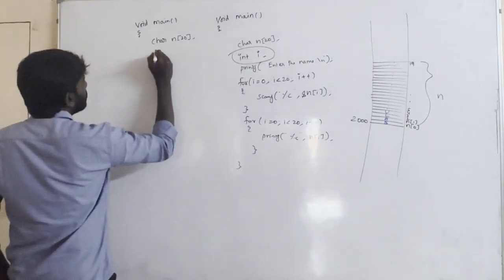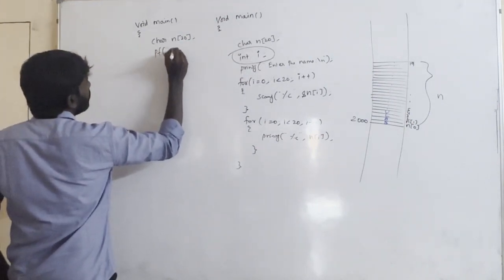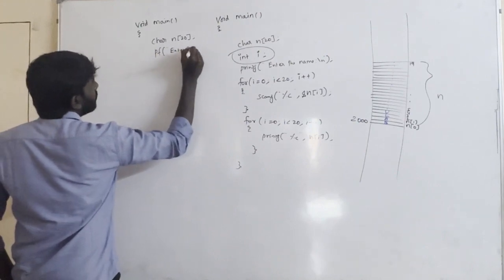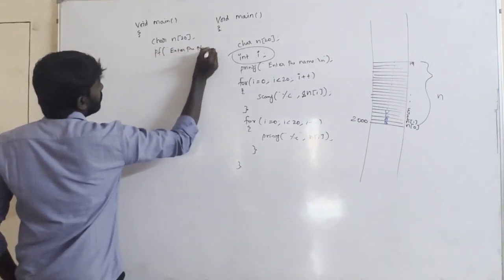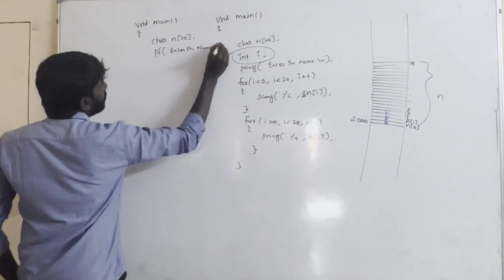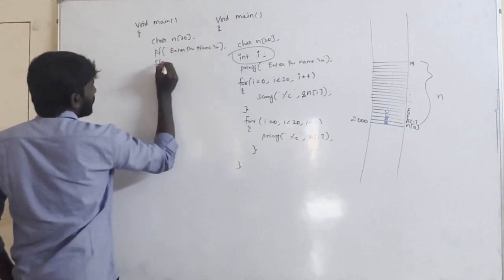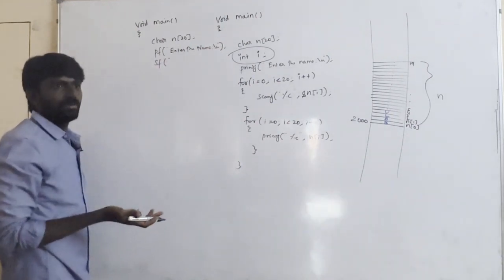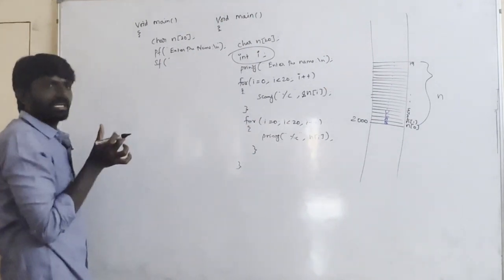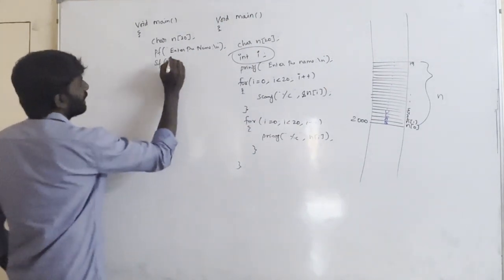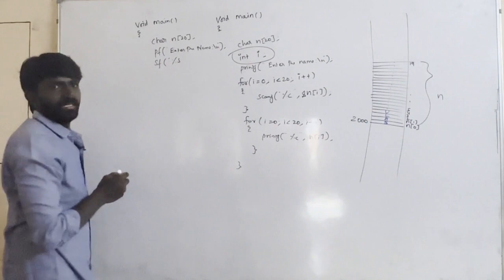Here we just give printf, enter the name, and directly scanf. You don't need any loop. Why? Because the complete string you are going to receive directly with the help of %s.